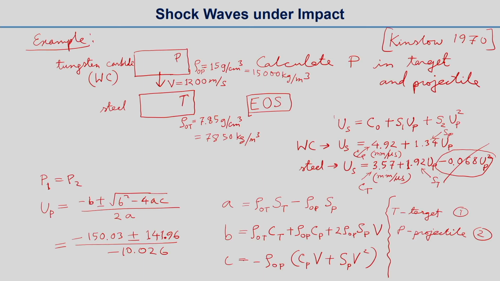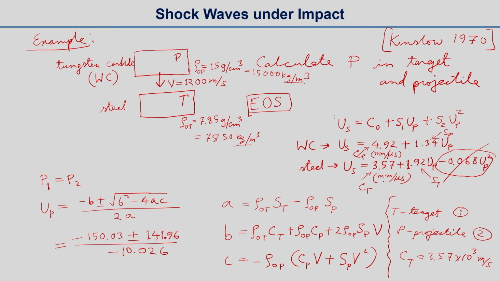So in these calculations you need to be careful now, because we have these densities in kg per meter cube, then we can have these C naught values, which is let us say CT will have 3.57 into 10 to the power 3 meter per second.